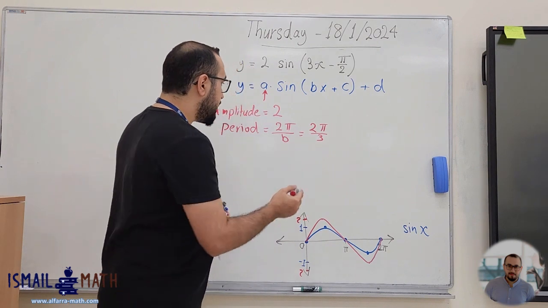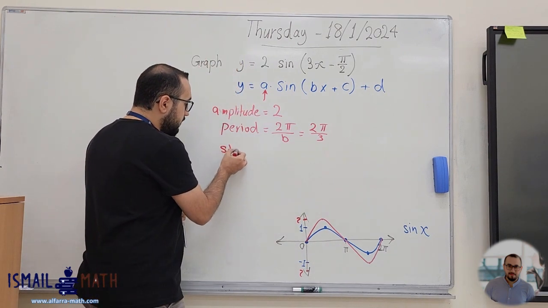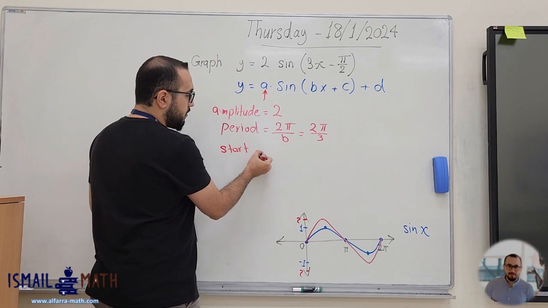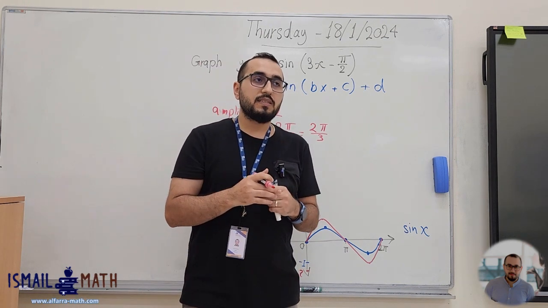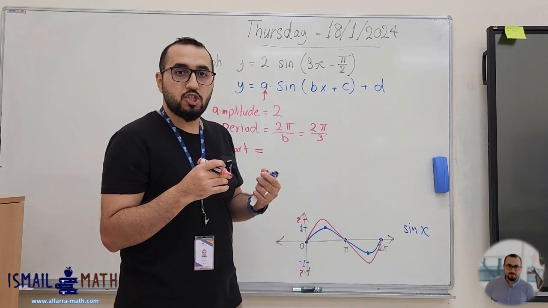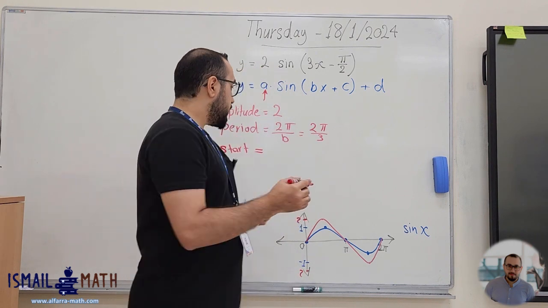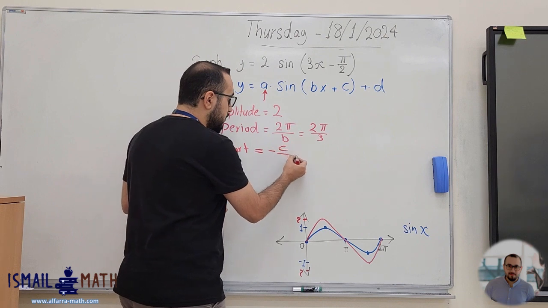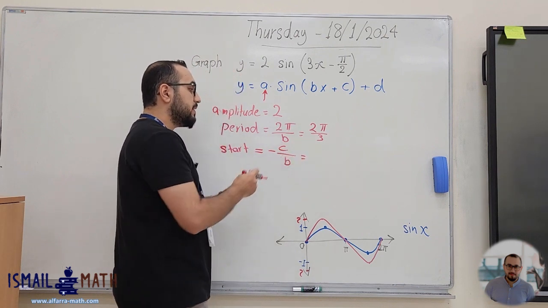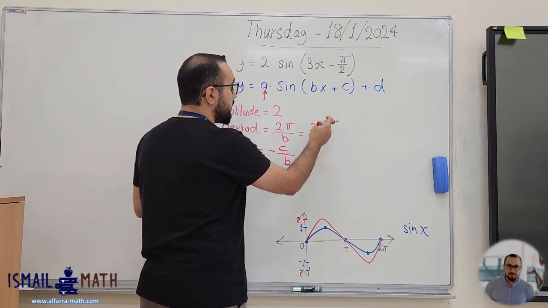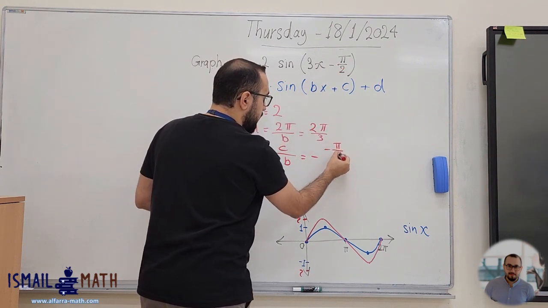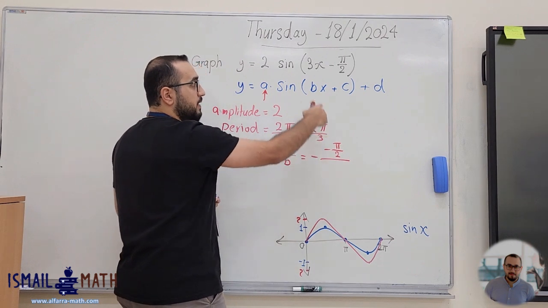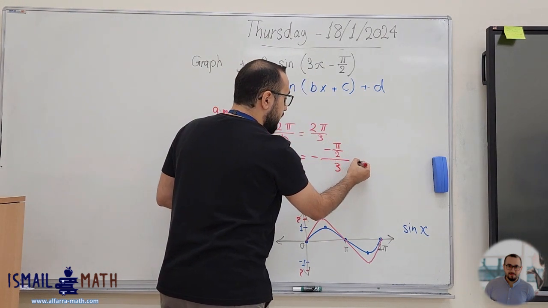After I identify the period, now I need to identify the starting point. Where should my graph start? How can I calculate the start? There is a rule, which we call the phase shift, and it is negative c over b. Negative c is negative pi over 2, over b, and b is 3.